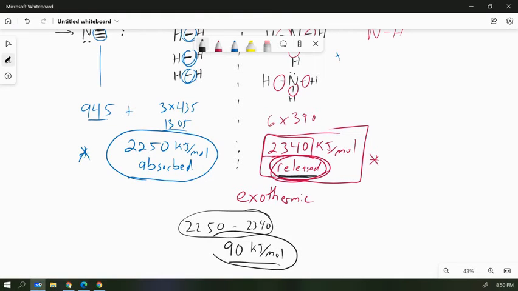This is how much energy is released. We could also say what happens to the surroundings in this scenario. The answer is that the surroundings are going to warm up because it's an exothermic reaction and energy is being released. So that's one example of how to do this, and we'll look at another one in just a second.